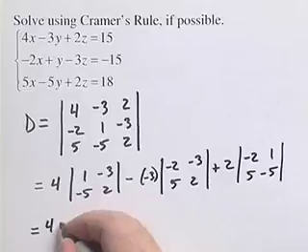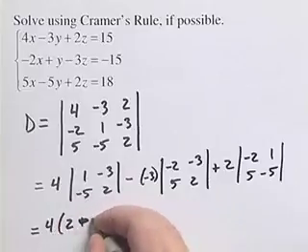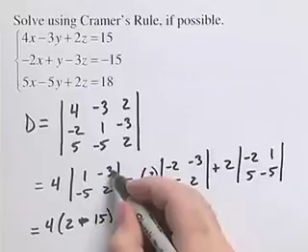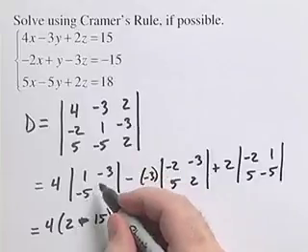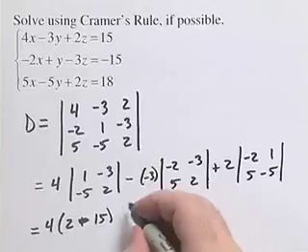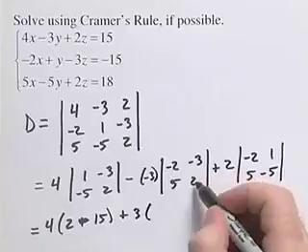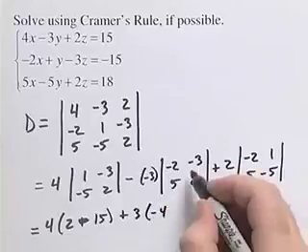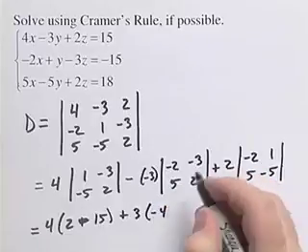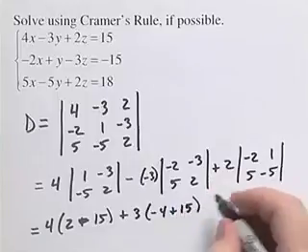So we'll get 4 times 2, minus 15. So we'll have negative 3 times negative 5 is positive 15, so we'll just have 2 minus 15. Minus a negative is going to give us plus 3 times negative 2 times 2 is negative 4. Negative 3 times 5 is negative 15, and we're subtracting, so we get plus 15.